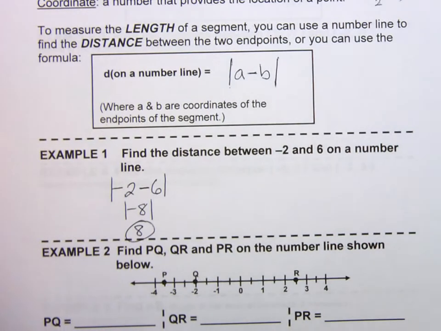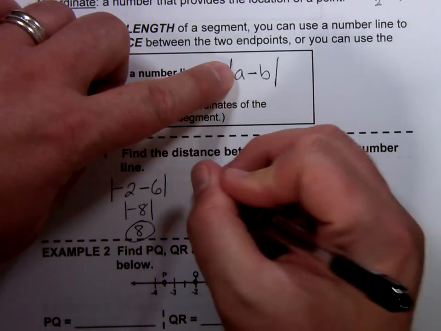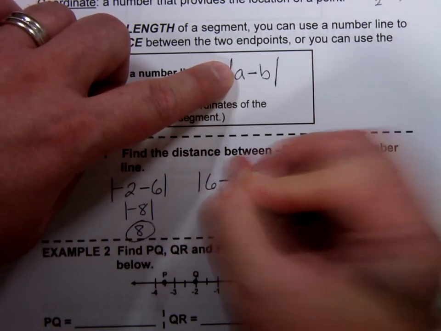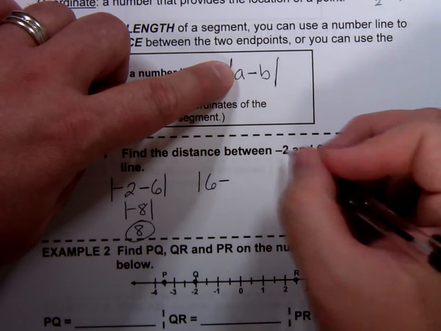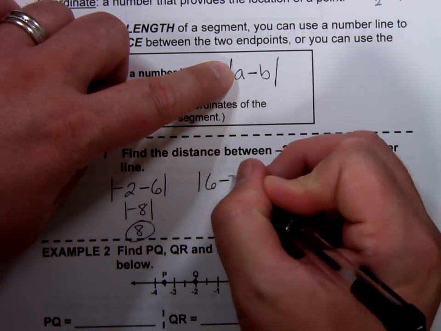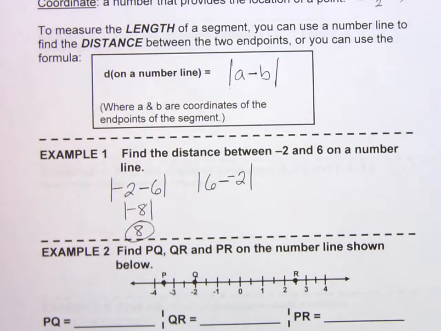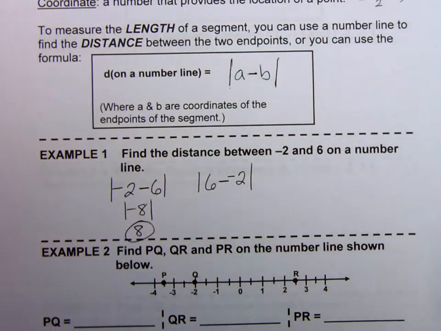Now, let's say I had used those two numbers in a different order. Let's say I made A 6, and then we got 6 minus B. Now, B is a negative number. We are subtracting, and then the number we are subtracting is a -2. When you subtract a negative number, you are actually adding.